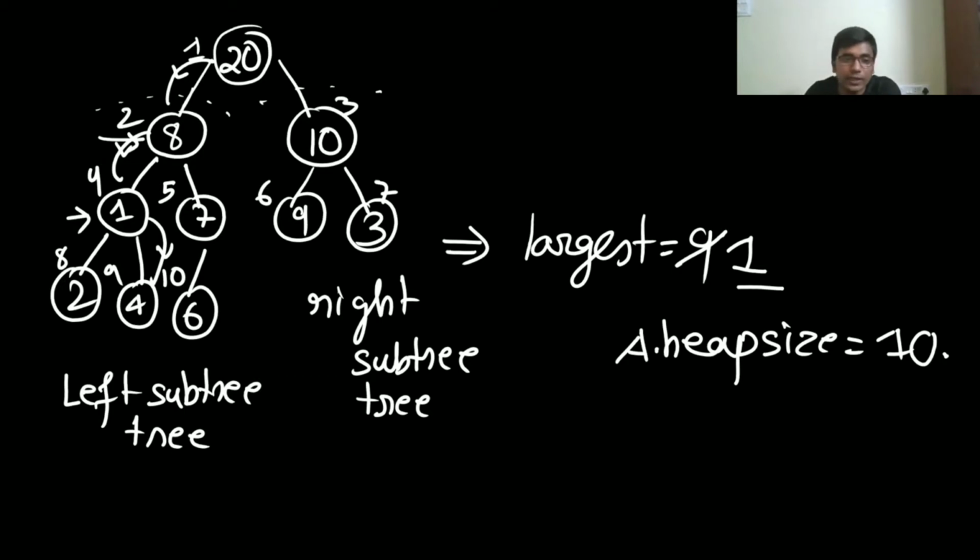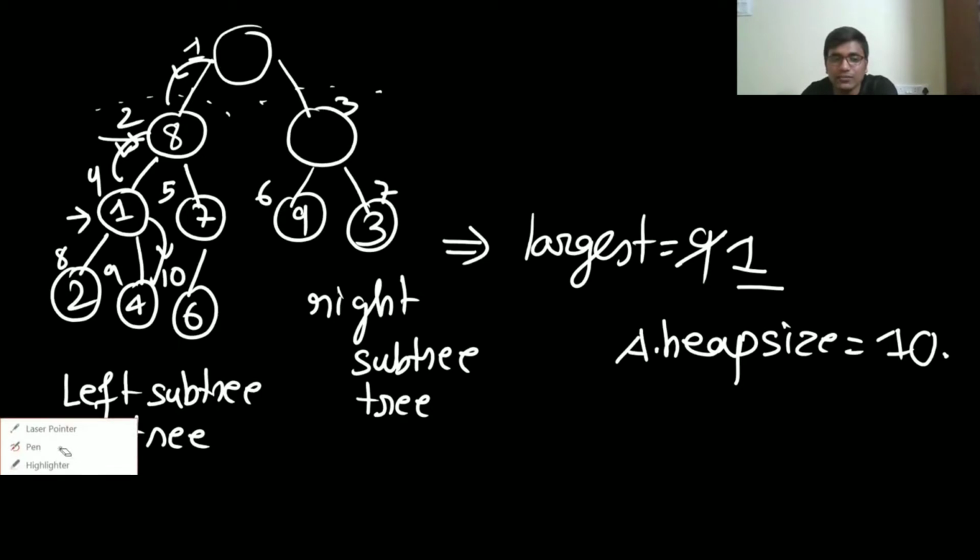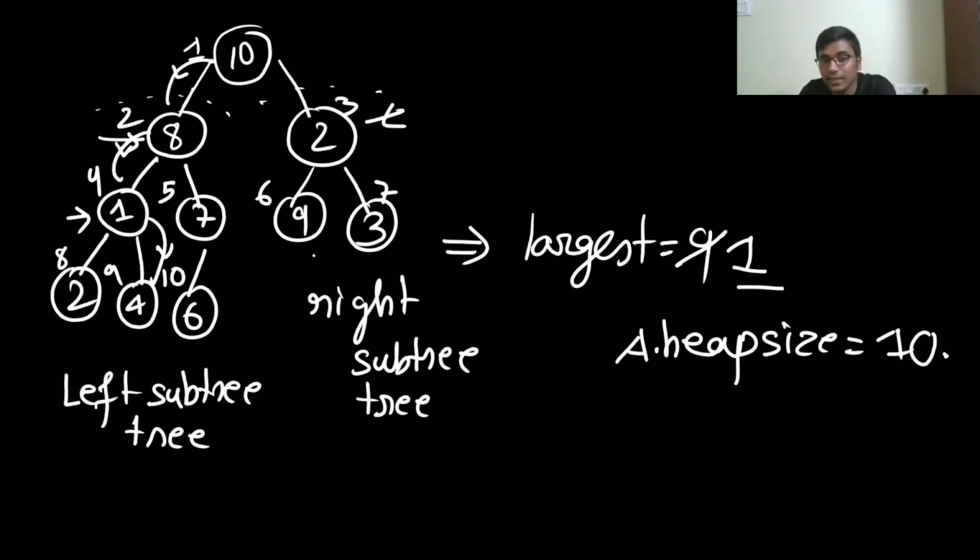If I add 1 or 2 here, let's assume, then among these three, which is maximum? This is maximum, so I need to swap the largest with the parent. So 10 will be here too. Now I need to call Max-Heapify here again, because after swapping, the condition may get violated.